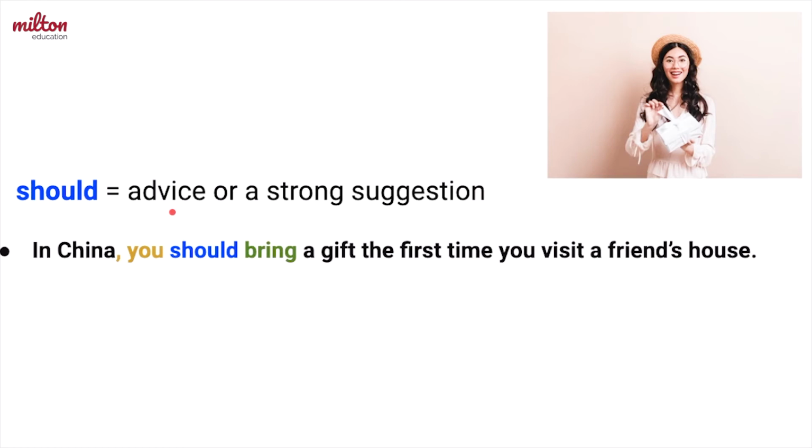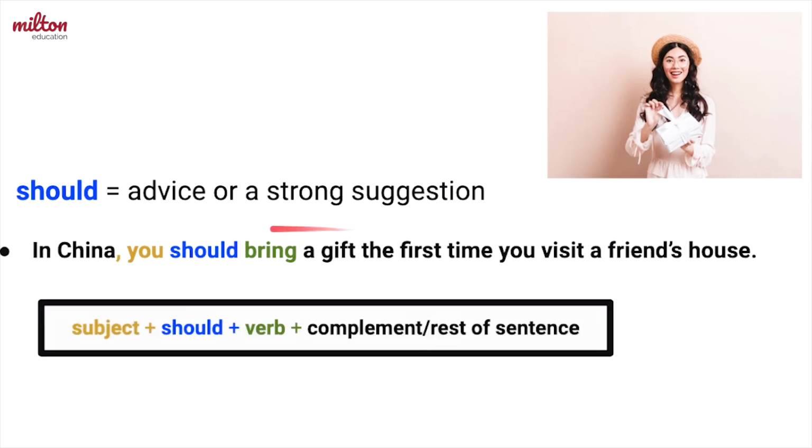Here's an example. In China, you should bring a gift the first time you visit a friend's house. It's not an obligation and it's not a rule, but it is a strong suggestion and it is a good idea. So, if you go to a friend's house in China, you should bring a small gift.